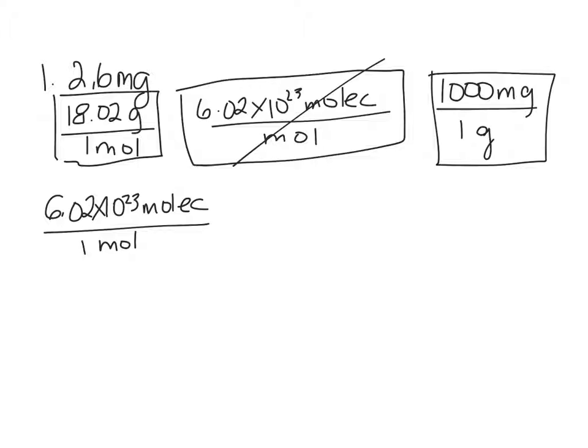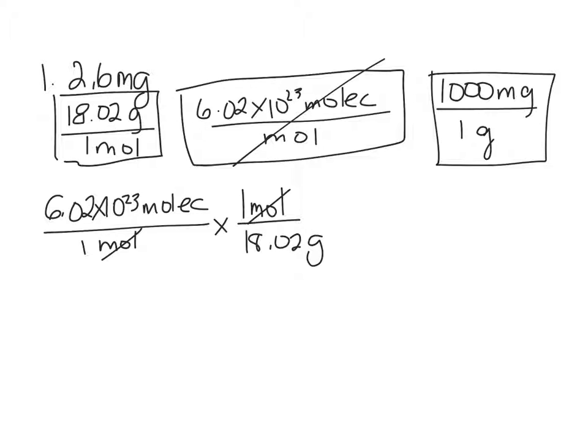So we want to get rid of moles, so our next ratio has to have moles in it. Which ratio has moles in it? The first one, but we have to flip it so that our mole units can cancel. Now we've got grams.